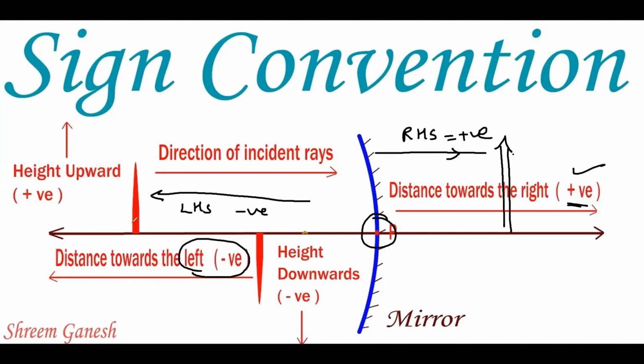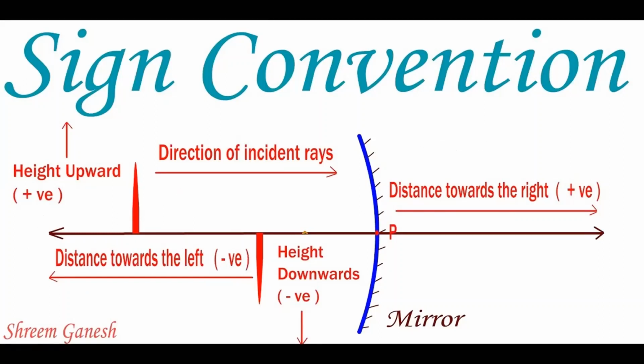Any height above the principal axis will be positive. Any height below, downward, will be negative. These are your sign conventions which you have to remember nicely, because without these you will not be able to do numericals on mirrors.